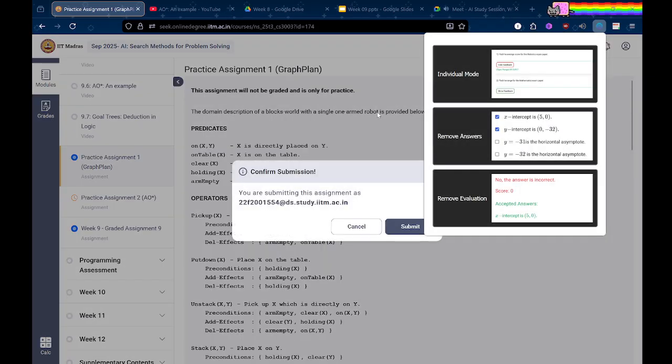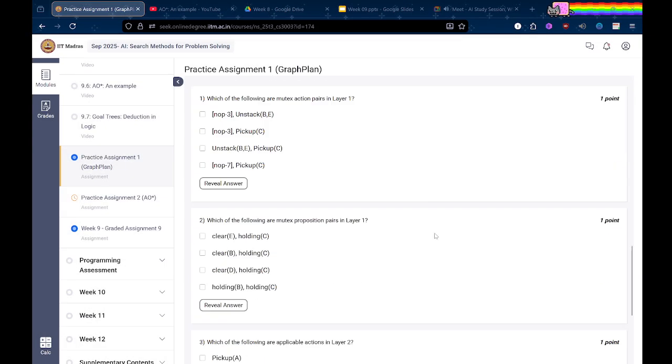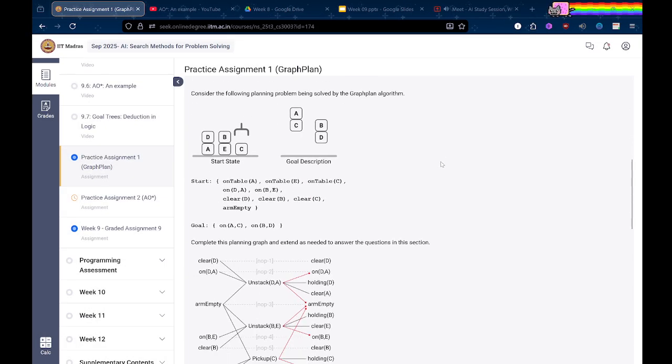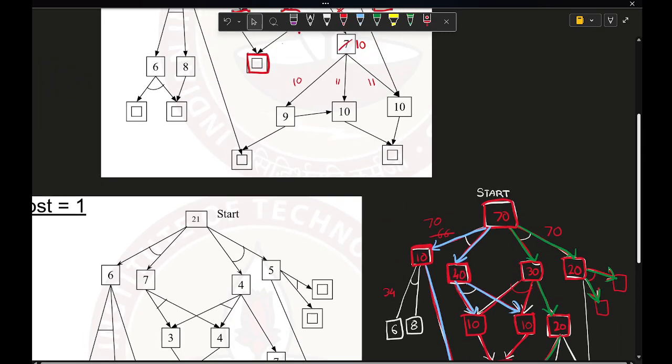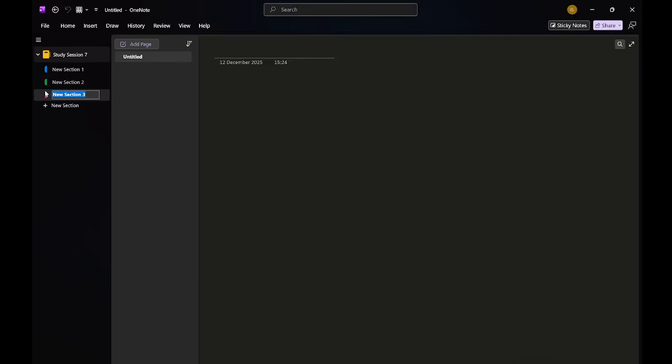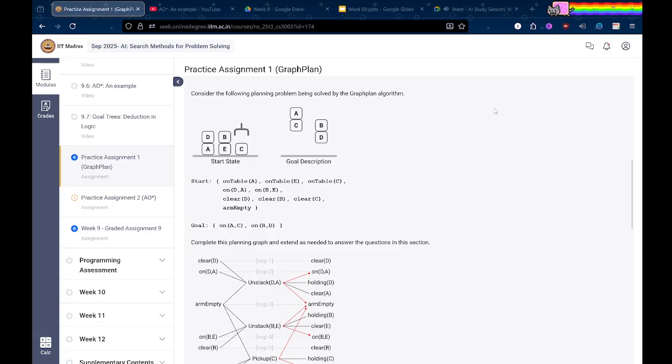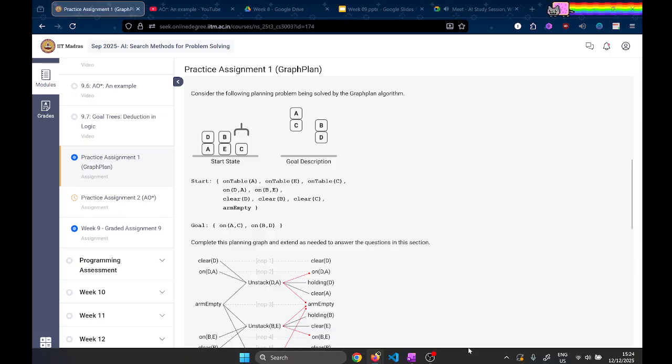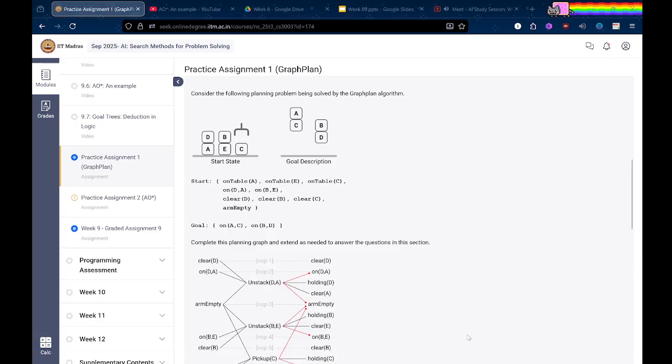Then we can take up the other one, A star. Okay. For 1.5 hours, just discussing AO star and graph plan, and didn't even solve any questions.